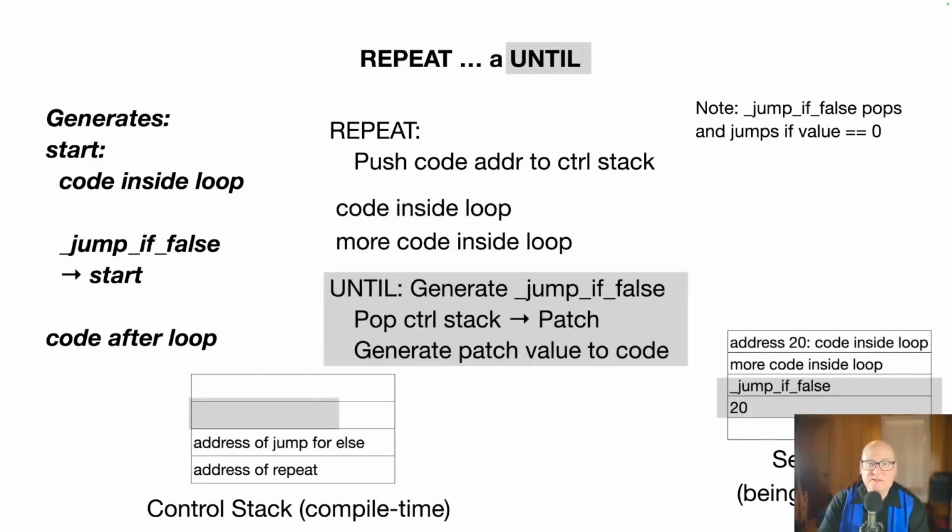Finally, we get the until, and until generates the jump if false, and then it pops the control stack to get that value 20 and puts that in the code. Jump if false is defined to pop its next word, the word following it, and use that address, either jumping back if it's false or just falling forward if it's not.